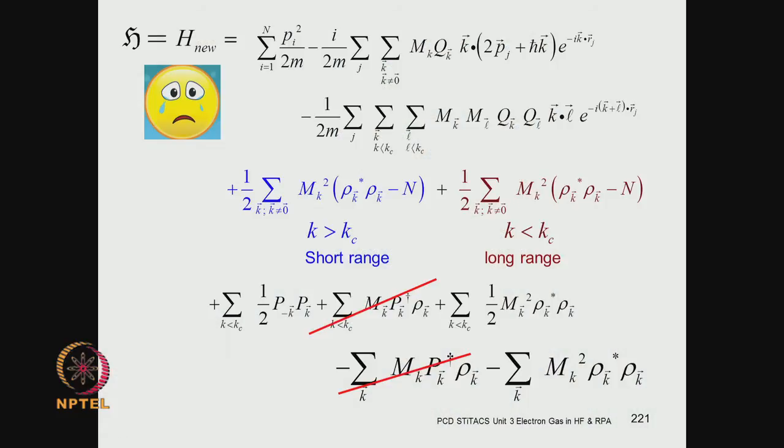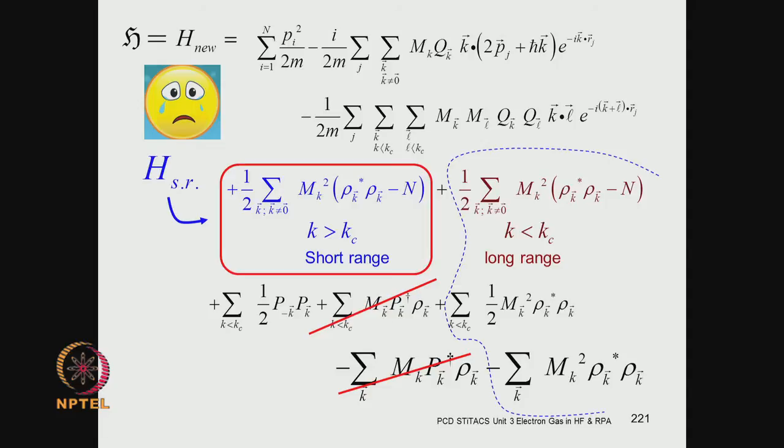It is only the second term in which you have separated the summations over k less than kc and summation greater than kc. Those two terms. So in these two terms, you have got the same range of k. Okay, this part is already recognized as the short range part.